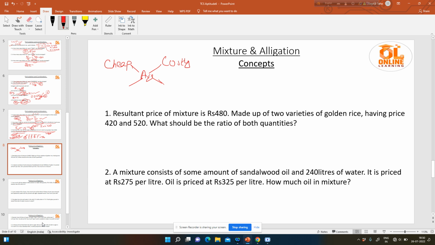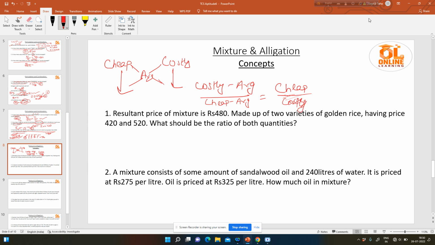We will have a ratio, costly minus average and cheap minus average. This will give the ratio of cheap to costly. So it is just opposite. Cheap minus average is costly, and costly minus average is cheap.